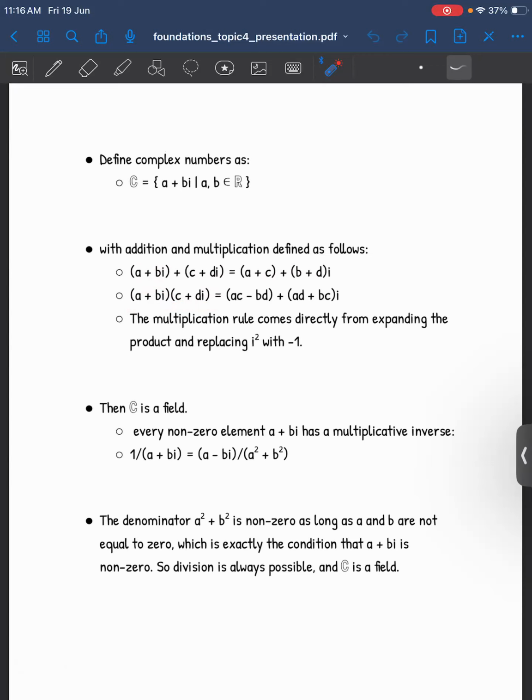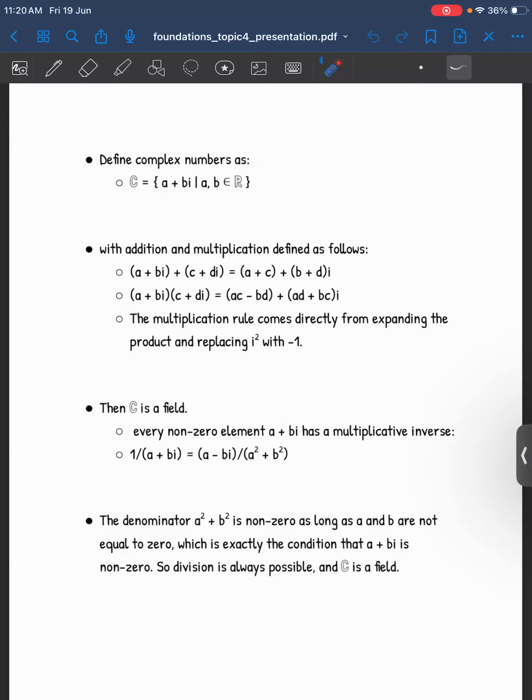You would open out the brackets with just the simple rule that i squared is equal to -1.